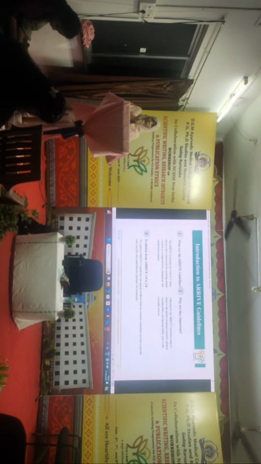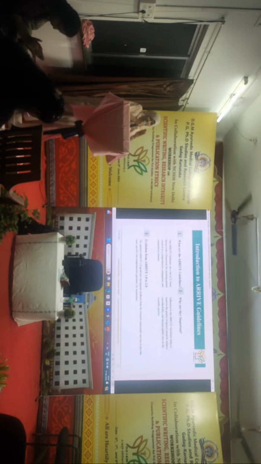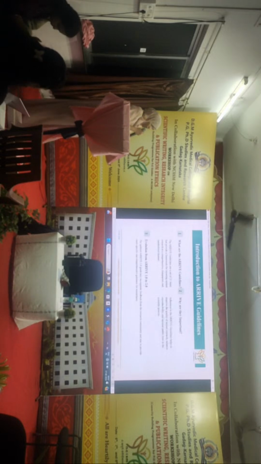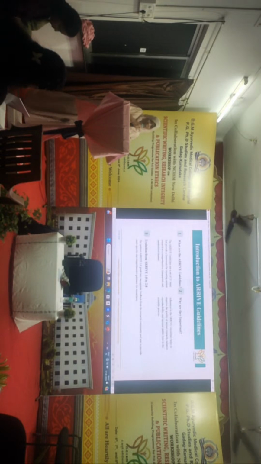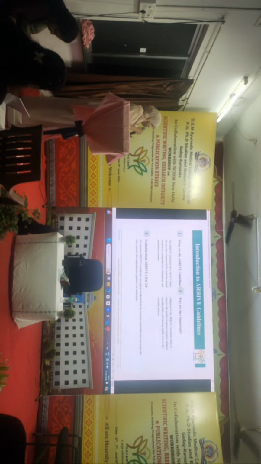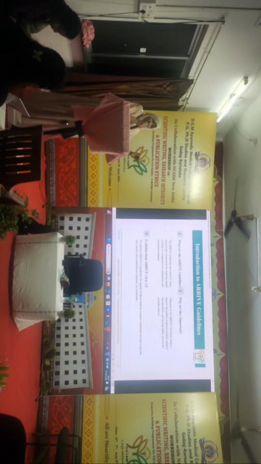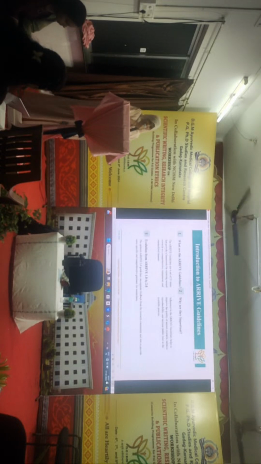The ethical approval, the clinical trial registry, everything in proper sequence as per the guidelines will be mentioned. So therefore, there will be more public trust, and it also helps in transparency. So, the evolution of ARRIVE from 1.0 to 2.0. The 2.0 is the latest one, the revised one, and this has to be followed.